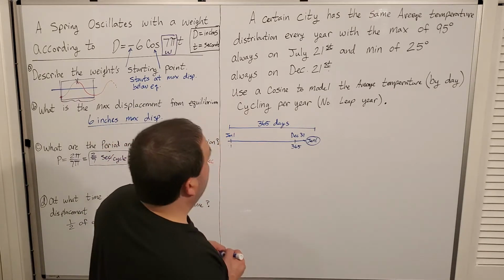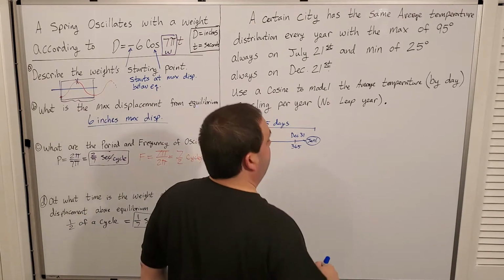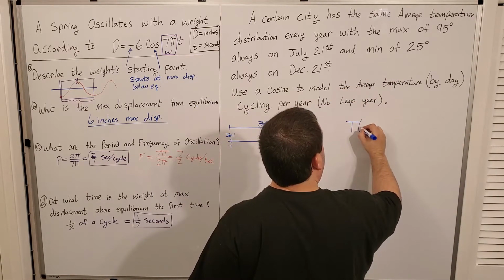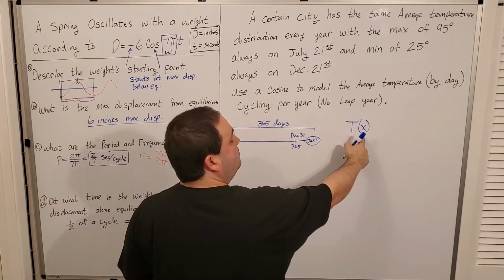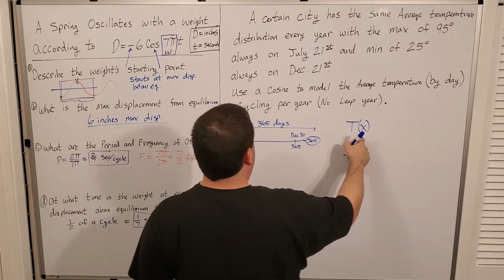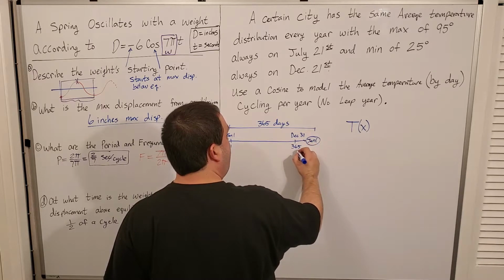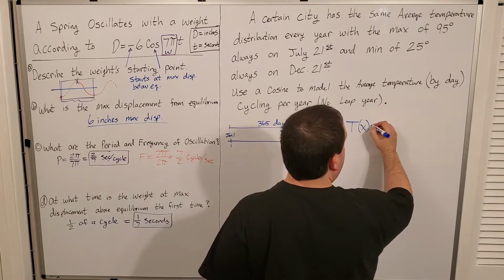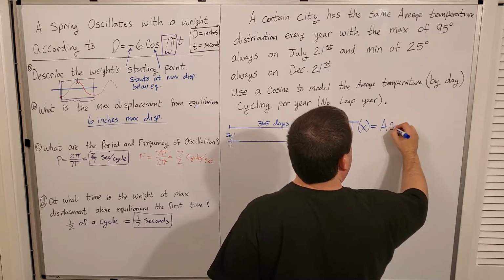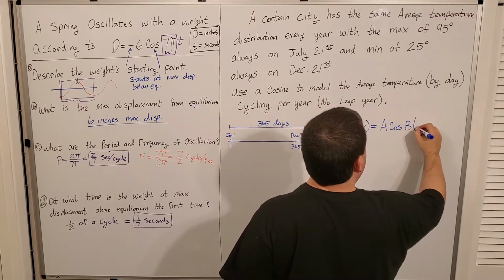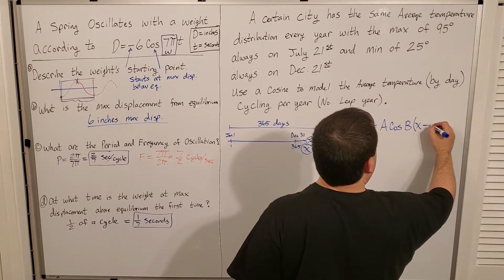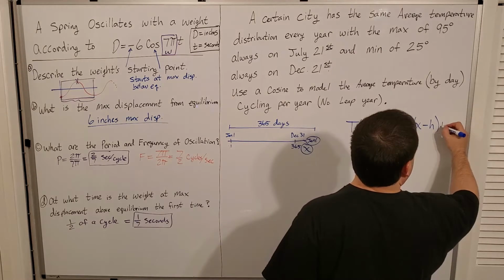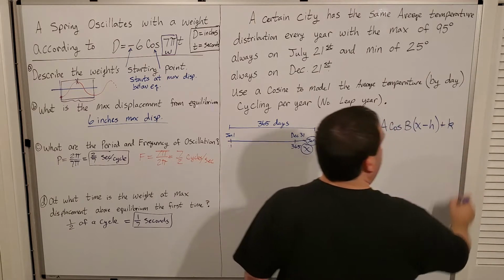The model I'm making, we'll call it temperature of X, where X is measured in days. It's going to be A cosine B times X minus some horizontal shift h, plus some vertical shift K.